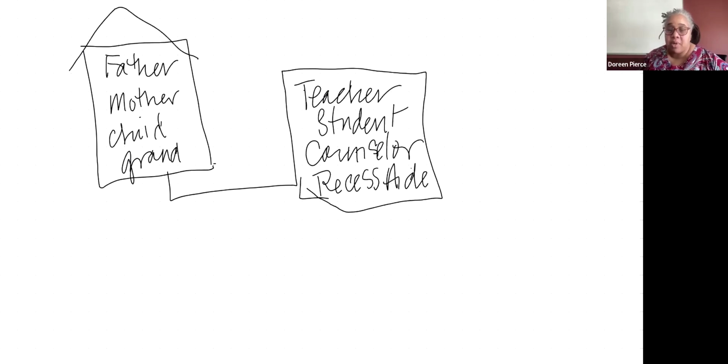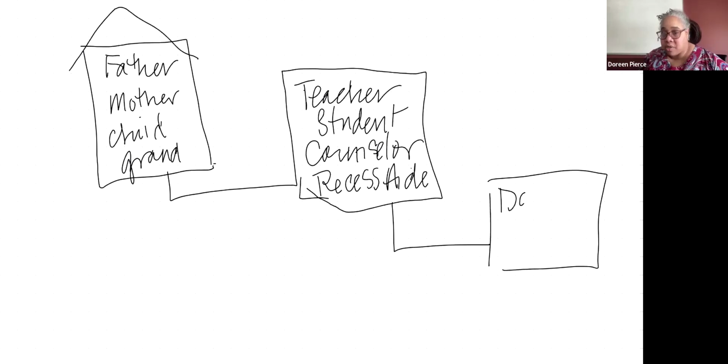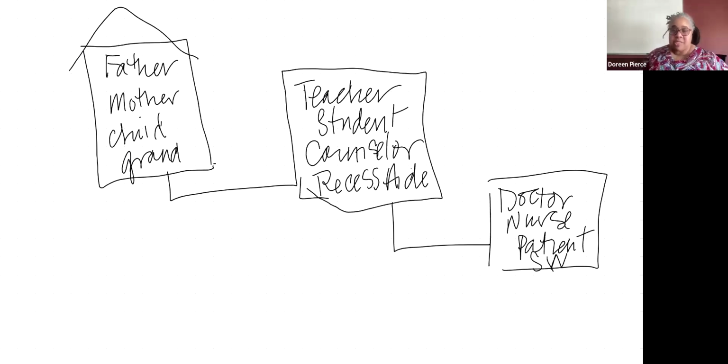Somewhere else in this neighborhood, you've got a hospital, and that hospital has doctors and nurses and patients and social workers, all kinds of people, the custodial staff, the CNAs, everybody's at the hospital. Again, a whole lot of people with status, whatever that status is, whatever those roles are.